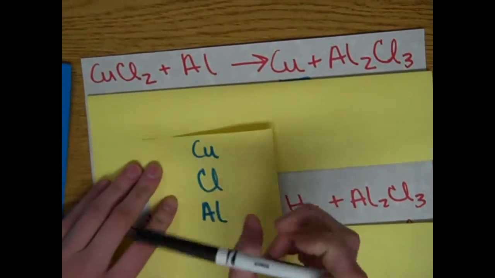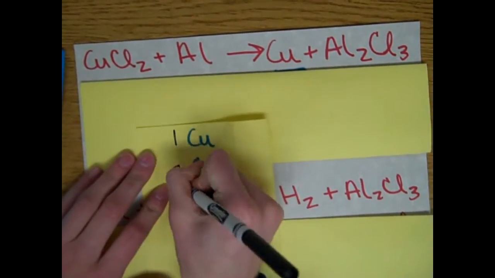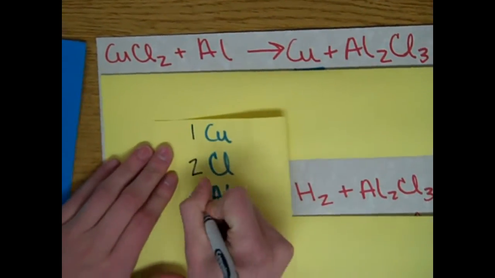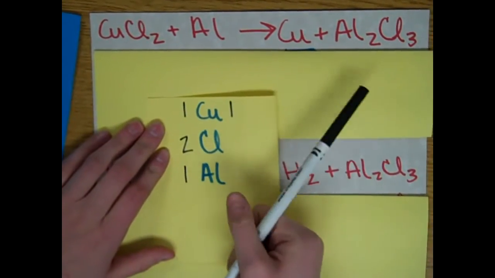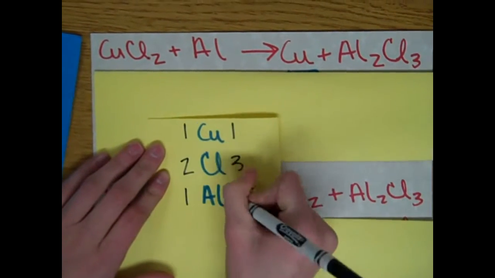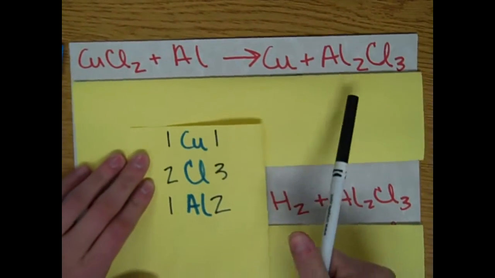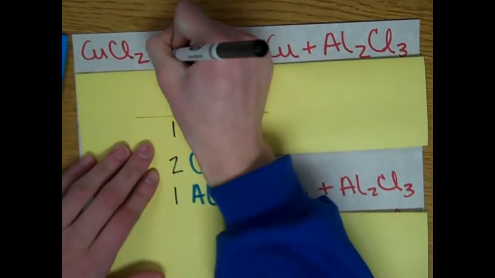And then, on this side, there's 1 copper, 2 chlorides, and 1 aluminum. And on the other side, there's 1 copper, 3 chlorides, and 2 aluminums. So let's start with aluminum. Since there's 2 on that side, we need to have 2 on this side.